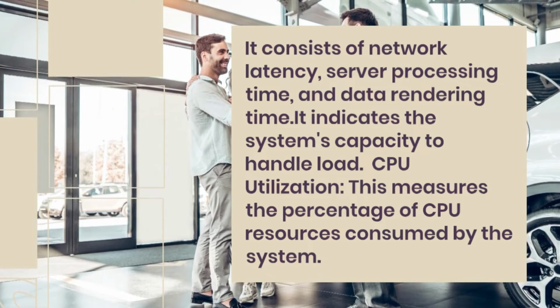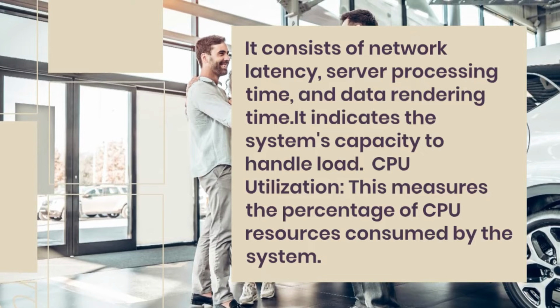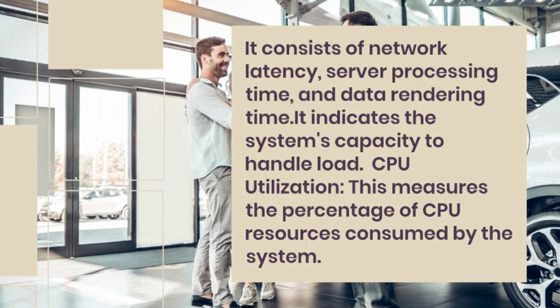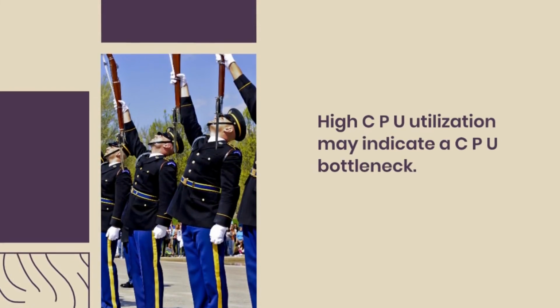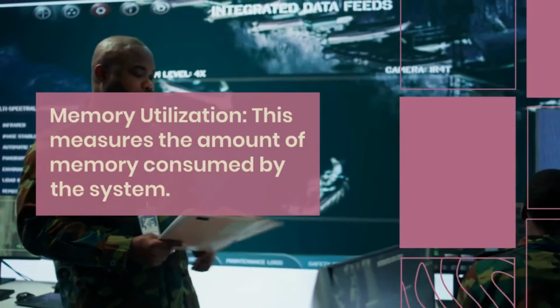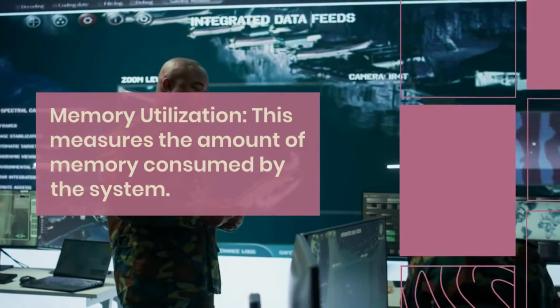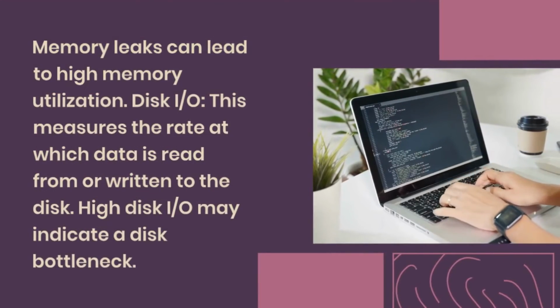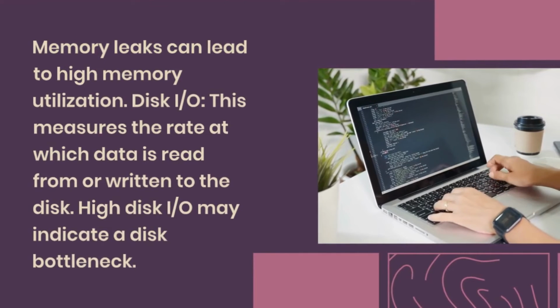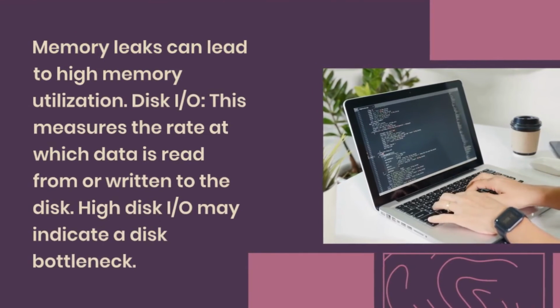CPU utilization. This measures the percentage of CPU resources consumed by the system. High CPU utilization may indicate a CPU bottleneck. Memory utilization. This measures the amount of memory consumed by the system. Memory leaks can lead to high memory utilization. Disk I/O. This measures the rate at which data is read from or written to the disk.